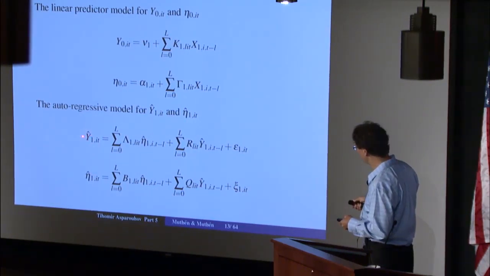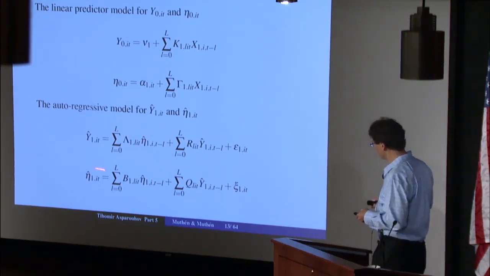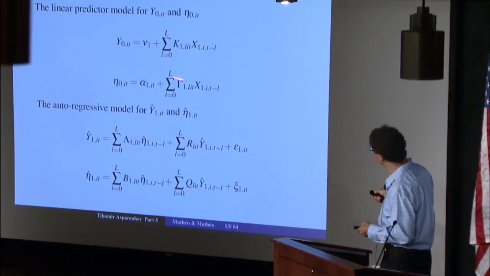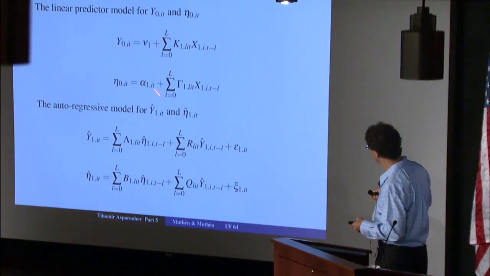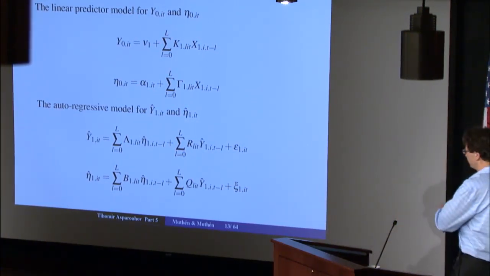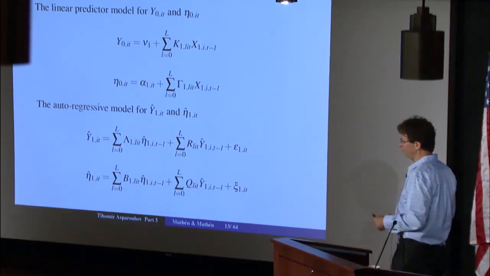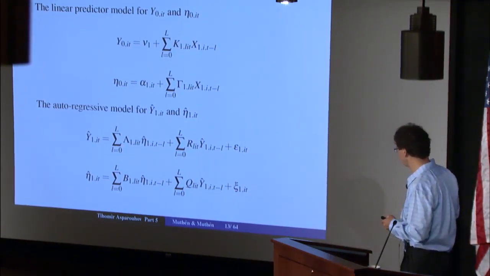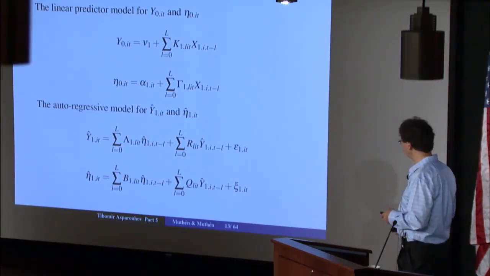So basically all the hat variables here are regressed on each other, but they do not contain any of these prediction variables. And so basically the covariates are excluded from the autoregressive part of the equation. We will talk more about this in the examples.